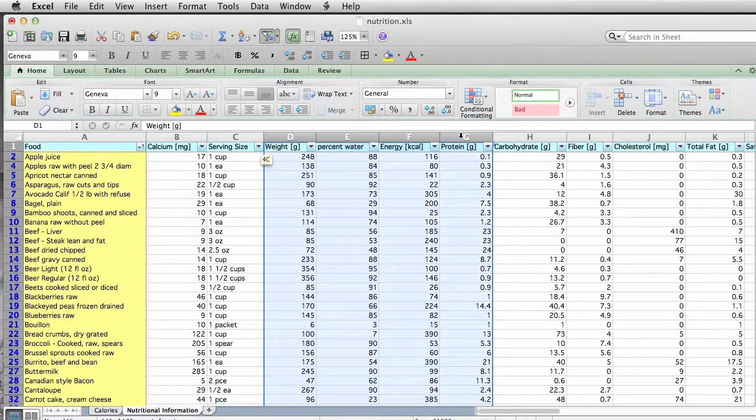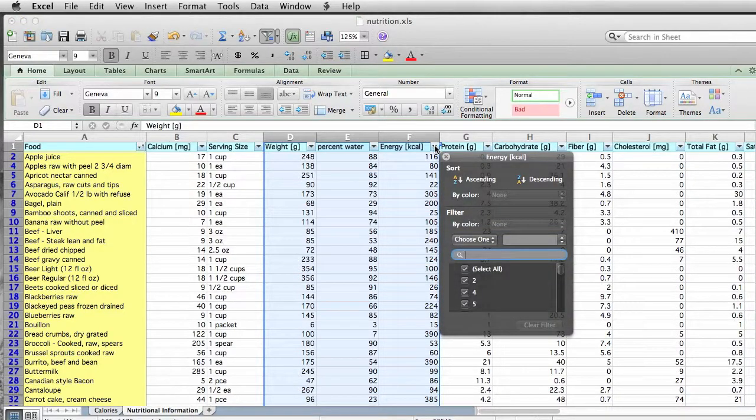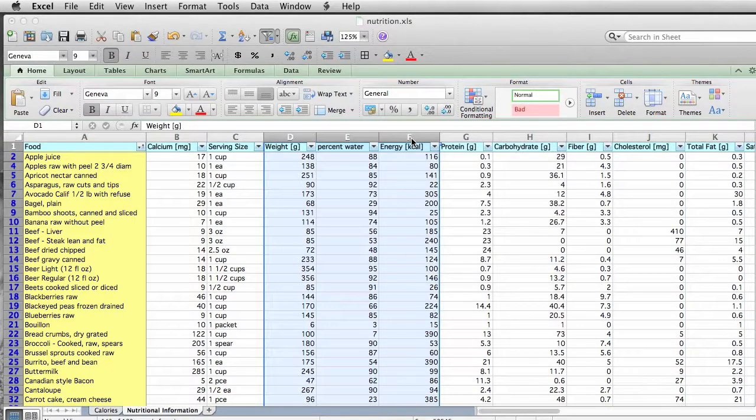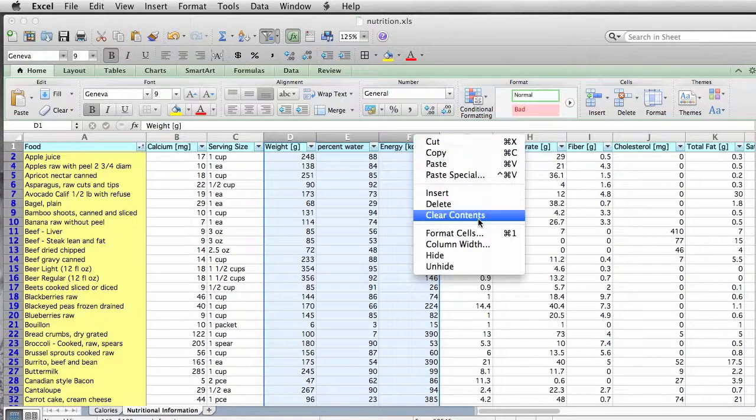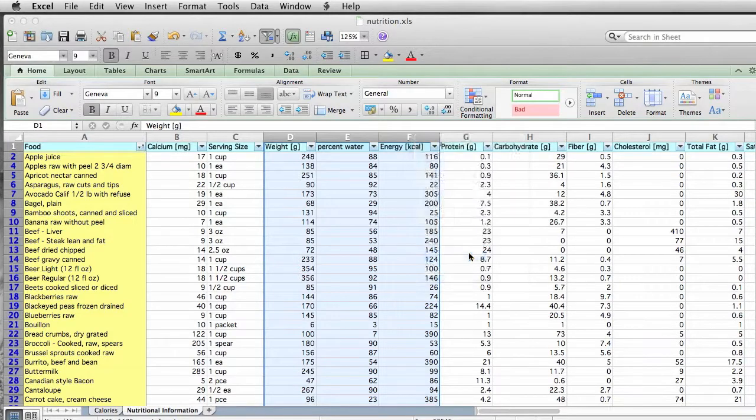Actually, we're going to keep protein, because protein also is helpful in terms of reducing osteoporosis in a different way, so we're going to keep that one available. If I right click here and say I would like to hide those, now those are hidden.